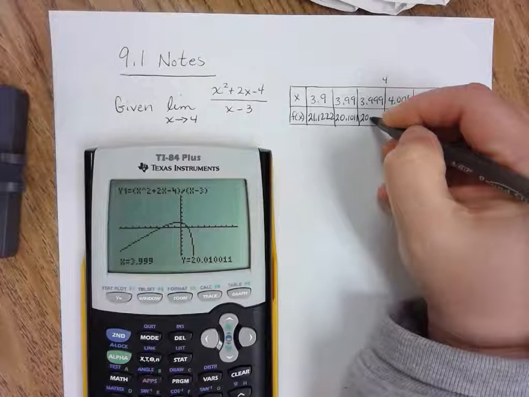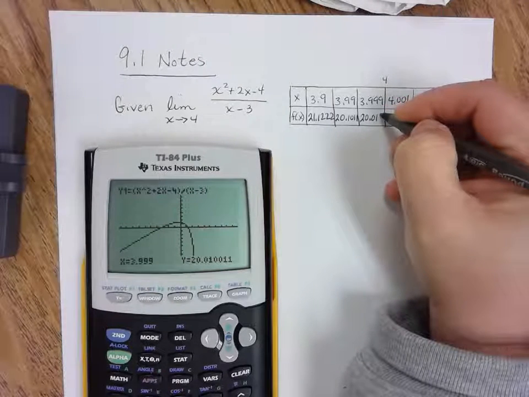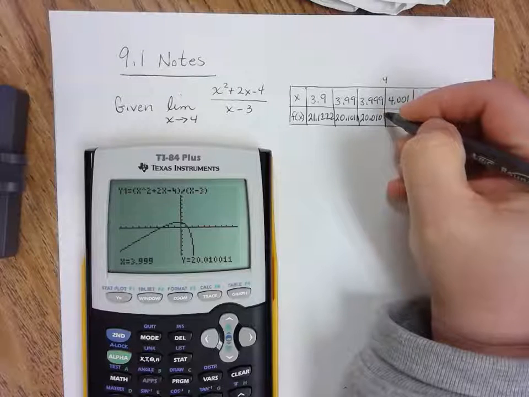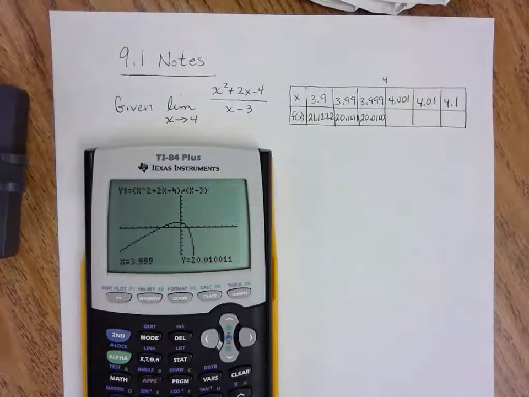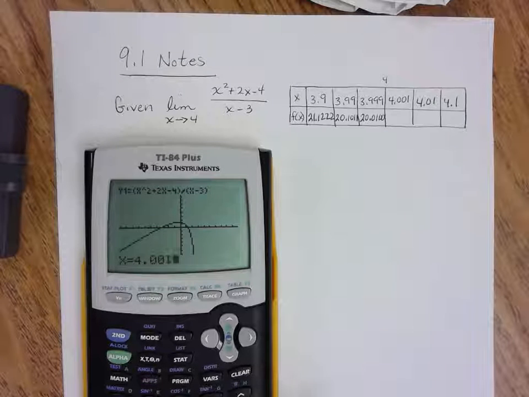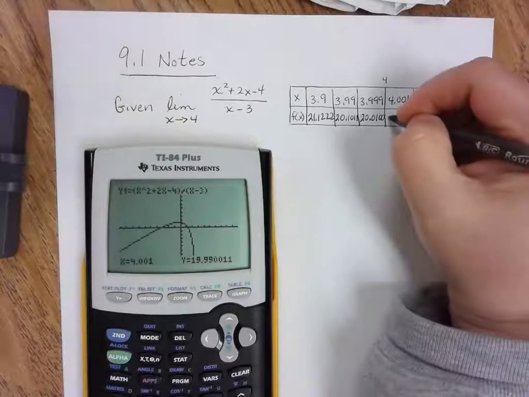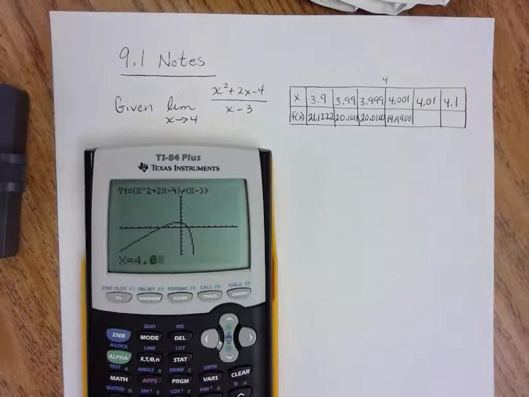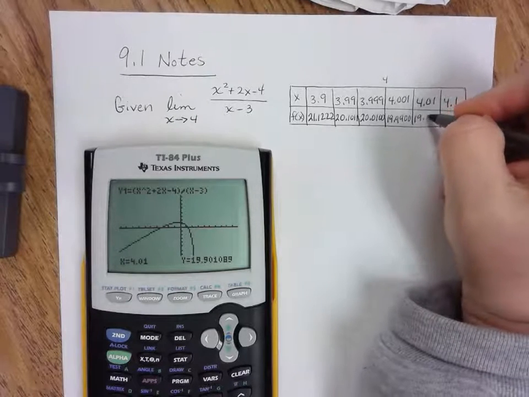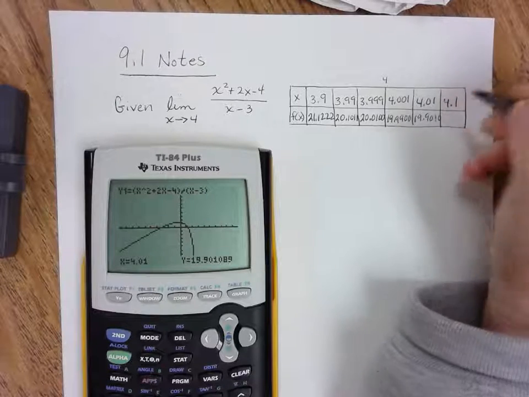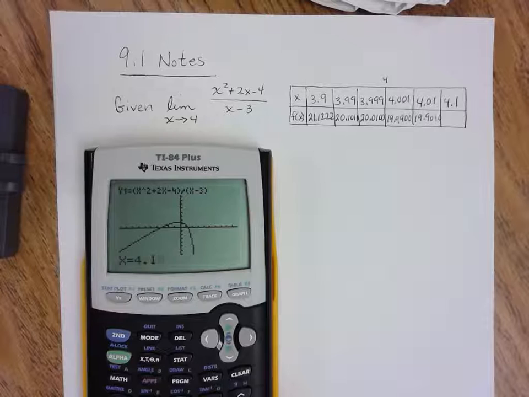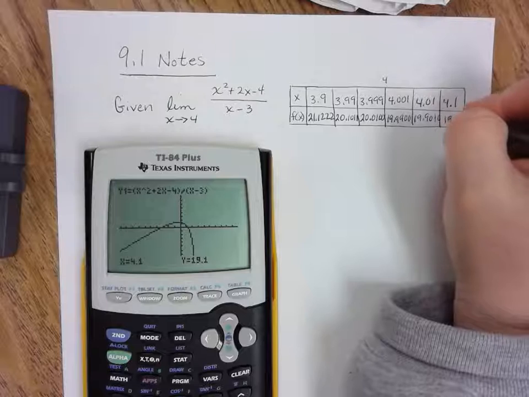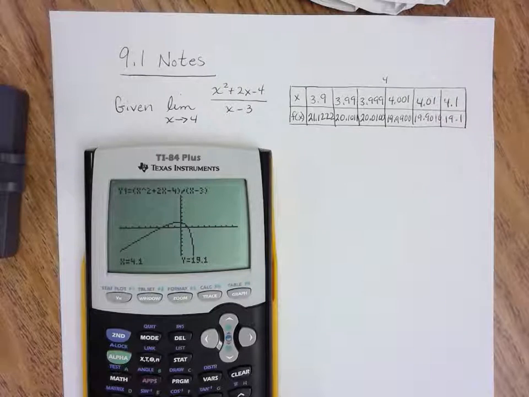Again, 20.010. 4.001. 19.9900. 4.01. 19.9010. And 4.1. 19.1.